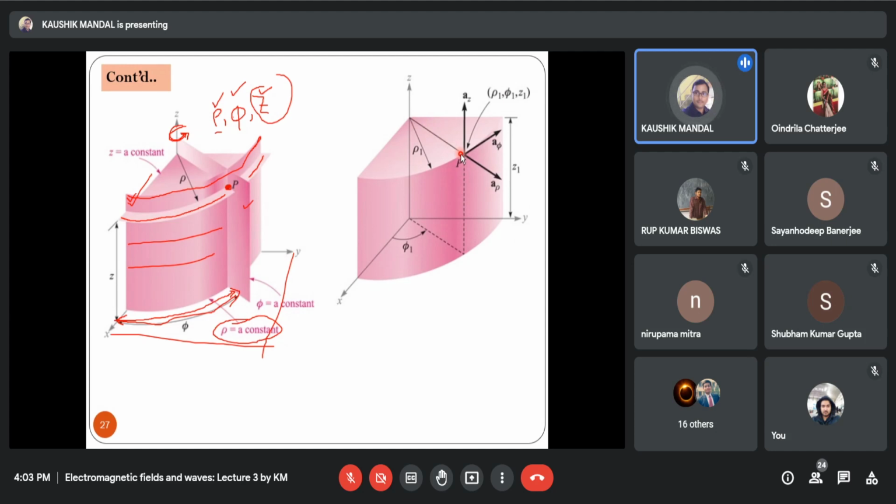The unit vector along this rho, you have to extend this particular line. The arrow will be along that direction. So it will be A rho. A rho is clear, and AZ is clear, because AZ is nothing but just extending this particular Z along the Z axis. It will represent the Z. But what about the A phi? Phi is basically representing this plane.